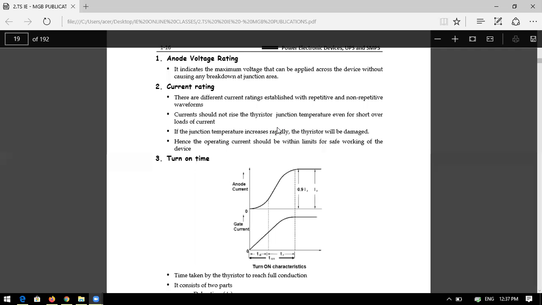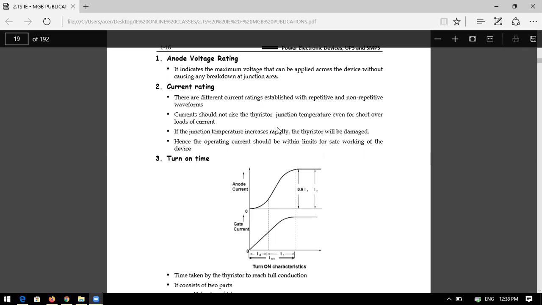So what is the meaning of anode voltage rating? It indicates the maximum voltage that can be applied across the device without causing any breakdown at the junction area. Okay, next one is current rating. What is the current rating? There are different current ratings established with respect to non-repetitive waveforms, and the current should not raise the thyristor junction temperature even for short overloads of current.